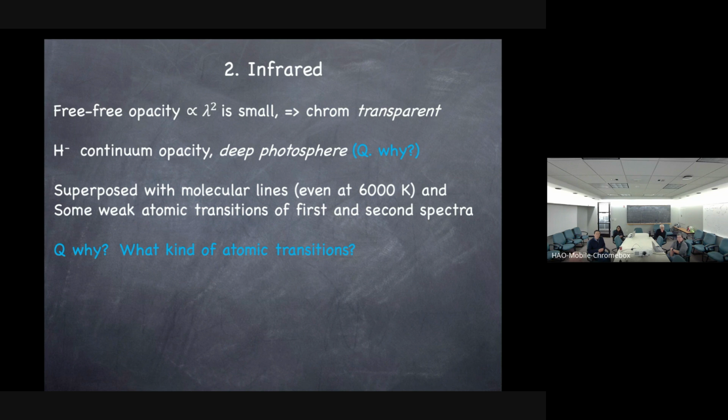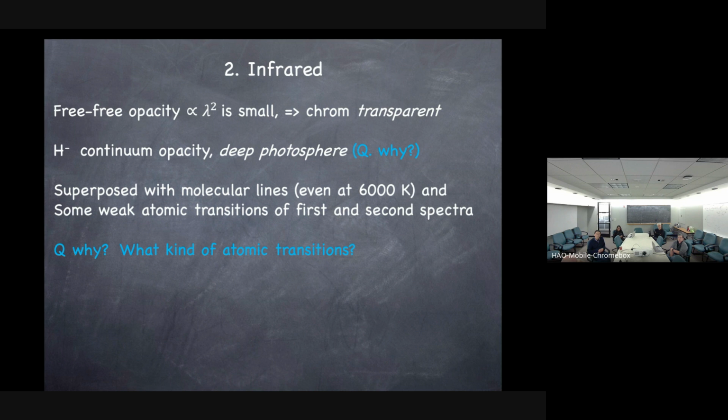And then superimposed on the spectrum, where you're looking down to the photosphere where H minus is doing its thing, absorbing photons and re-radiating them thermally, there are relatively weak molecular lines. And they're always of the first or second spectra, meaning they're always neutral or singly ionized lines.